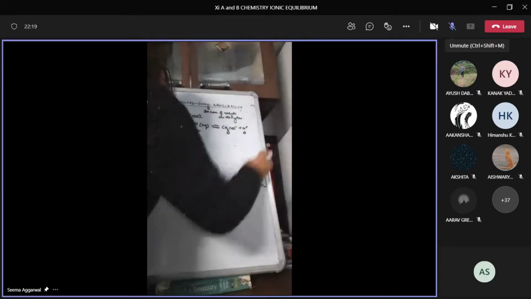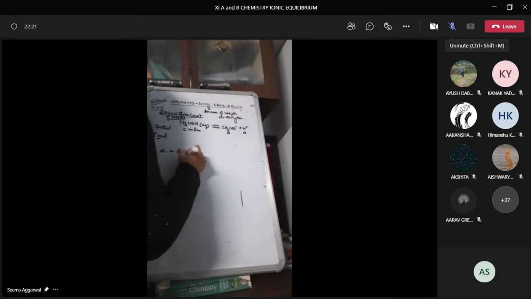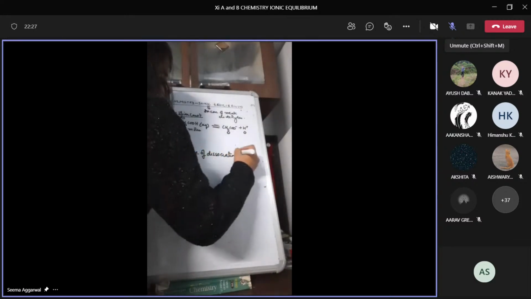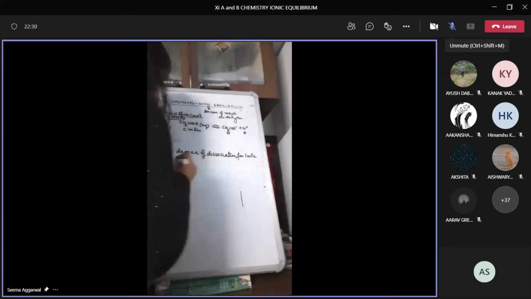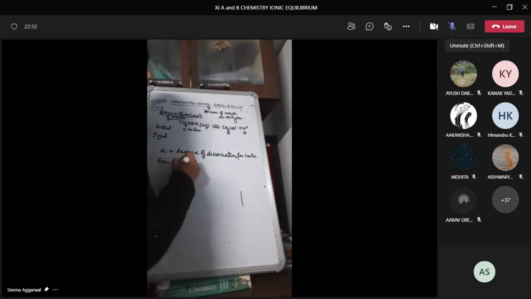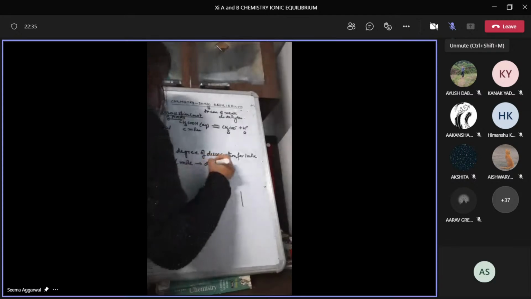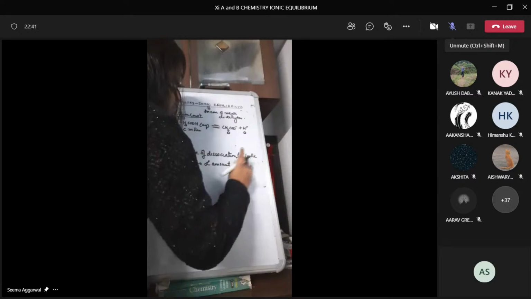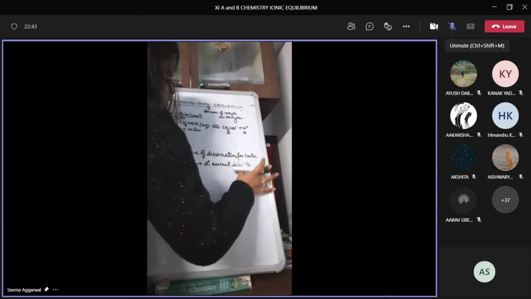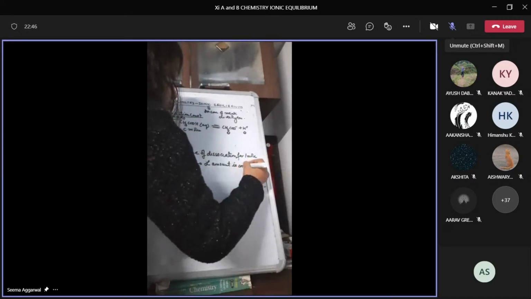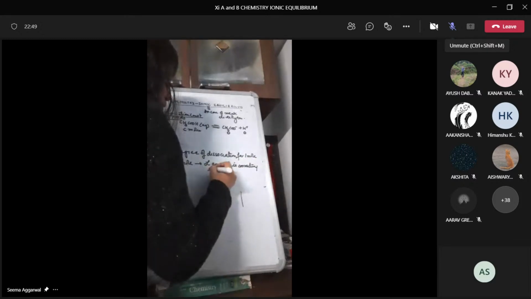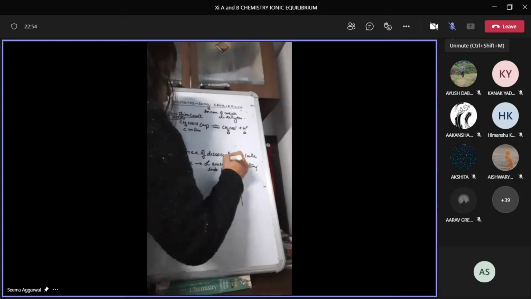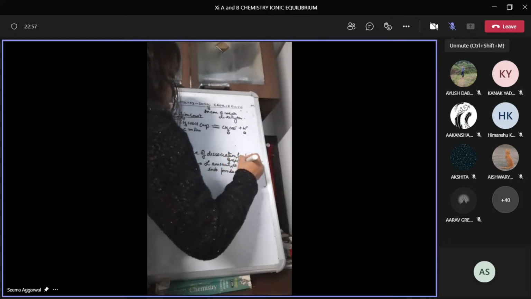Now suppose alpha is the degree of dissociation, and degree of dissociation is for 1 mole. So it means that from 1 mole, alpha amount of the reactants is converting into products.